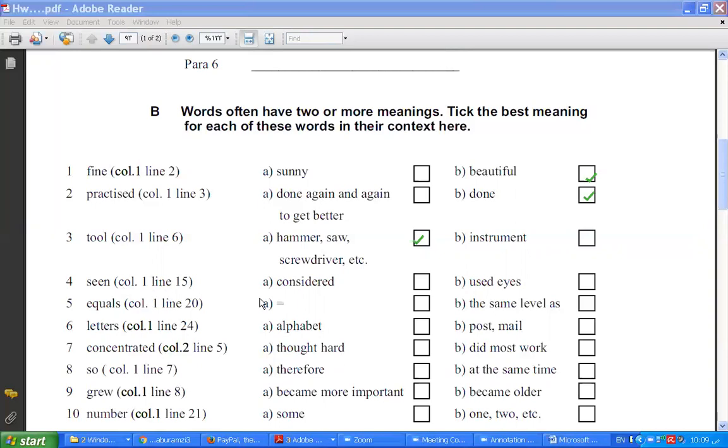See means you can see with your eyes, or you can consider, meaning to take into consideration, a figurative expression. In line number 15, paragraph in column 1.